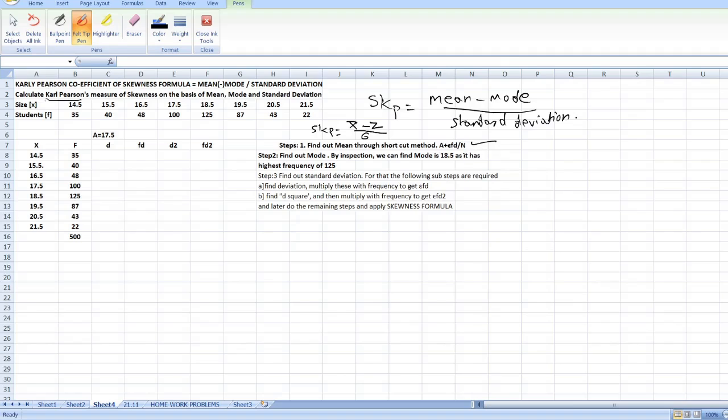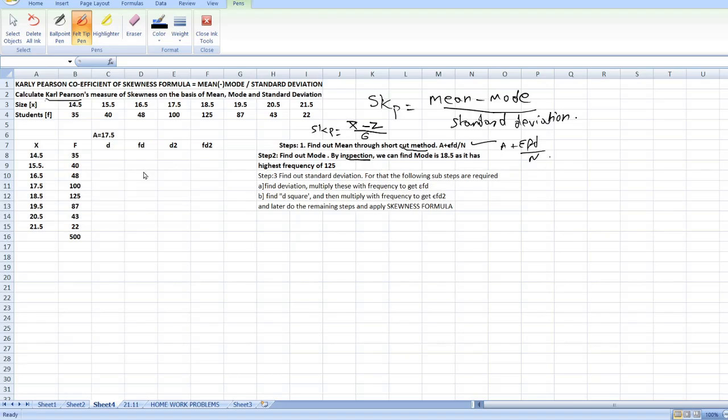So let us have approach of shortcut method. The formula to find out mean is A plus summation fd by n, right? And to find out mode there are two methods. One is inspection method, another one is grouping table and analysis table method.